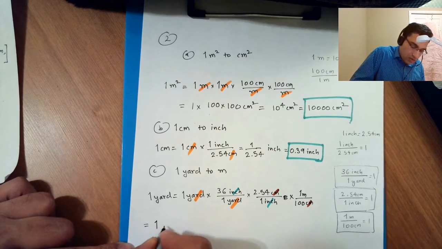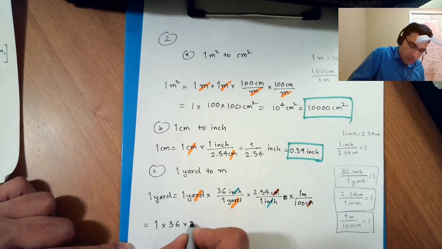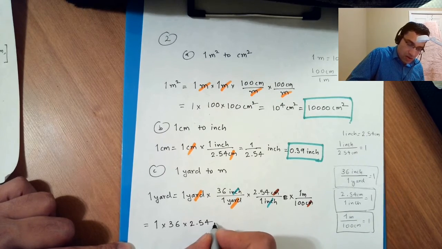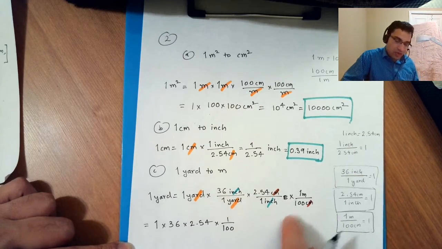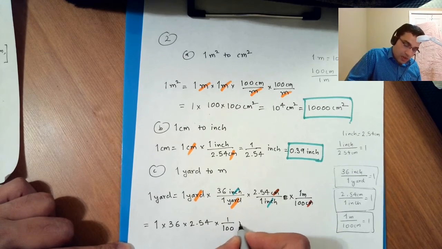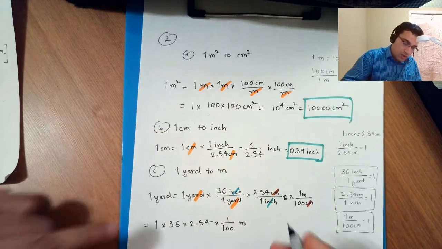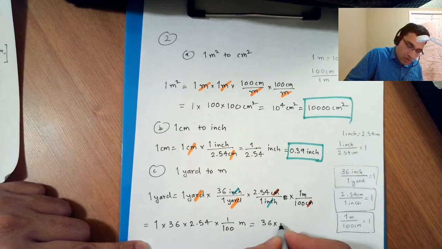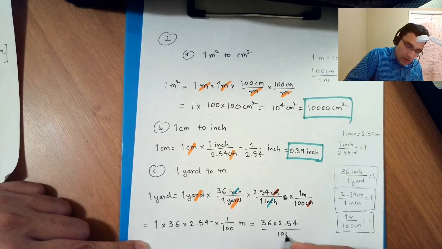This is 1 times this 36 divided by 1 is just 36, times 2.54 divided by 1, which is just 2.54, times 1 divided by 100 meter. Okay, which is, to write it in a simpler format, 36 times 2.54 divided by 100 meters.